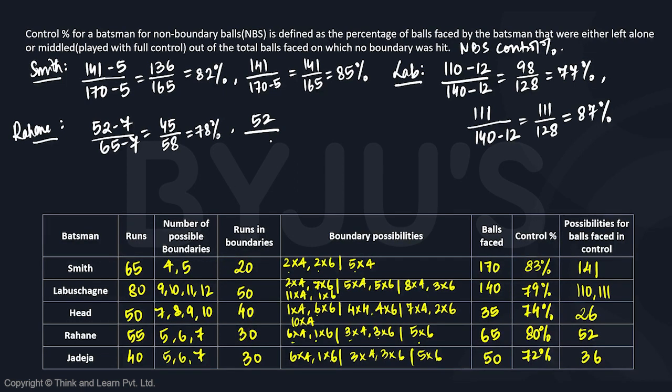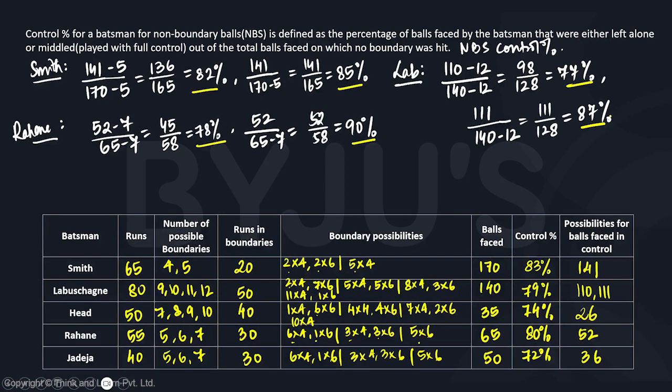And this is going to be 52 out of 65 minus 7. So this is going to be 52 out of 58, which will be 7 more out of 58, which is approximately 10-12%. So this is going to give us 90%. So these are the range of percentage control NBS that we are getting for each of the players.